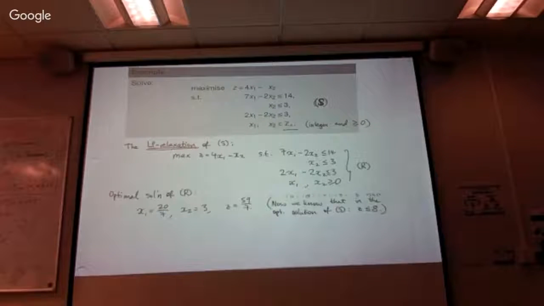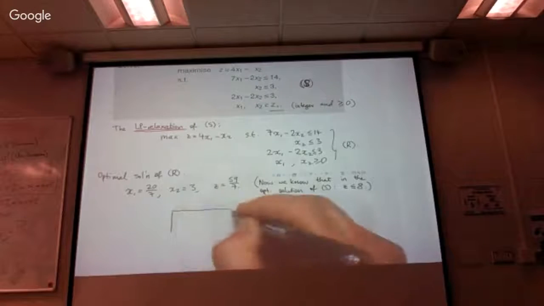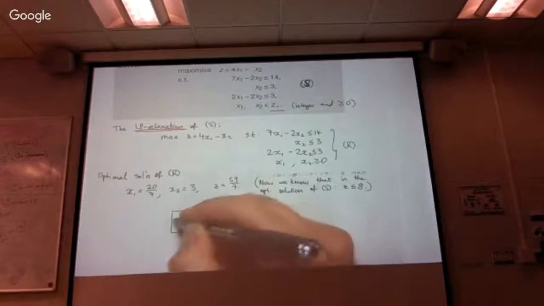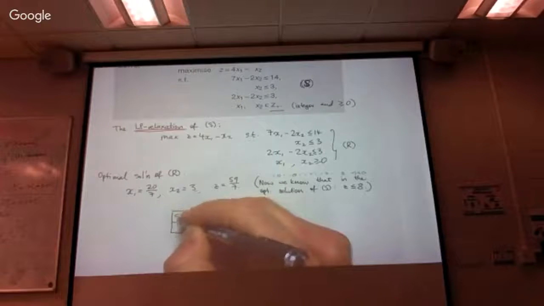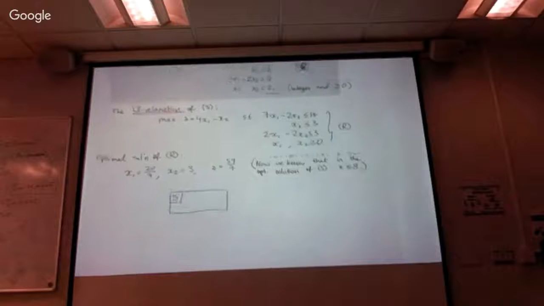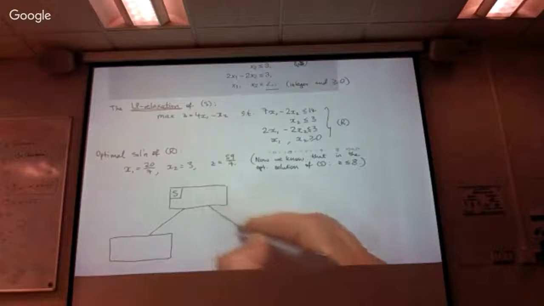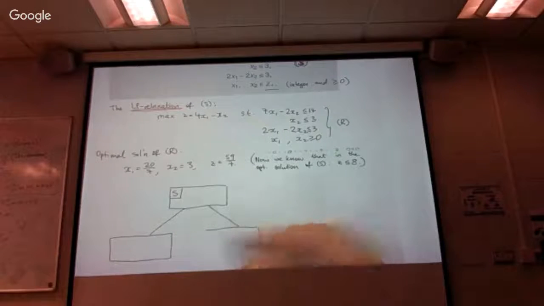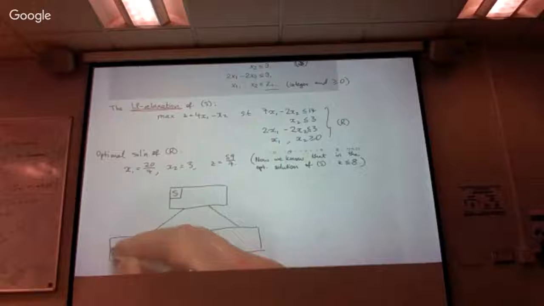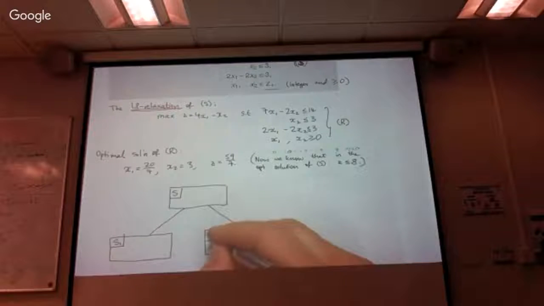The idea of the branching is the following. So at the top, we have this problem, which I call S. Now, branching, based on solving LP relaxations, tells you to solve this one, which I call S1, and this one I call S2, but it's not so important.